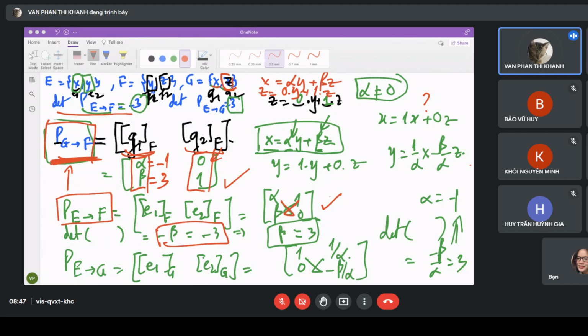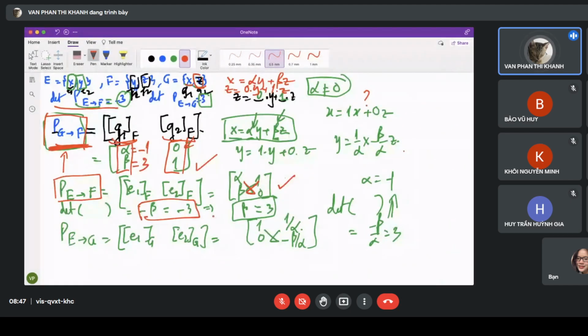I want you to understand the concepts, the rule, the method to solve the problem. I don't want to pay much attention to calculations or solving the system. But of course, there is an idea here. If you don't know how to solve it, it's okay, no problem. Any other questions?